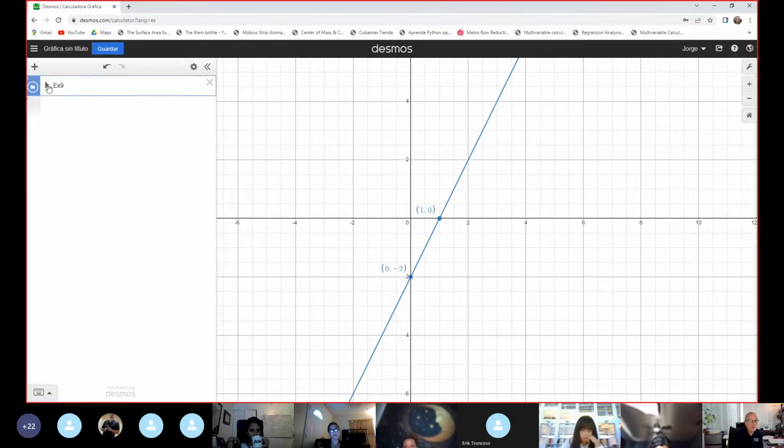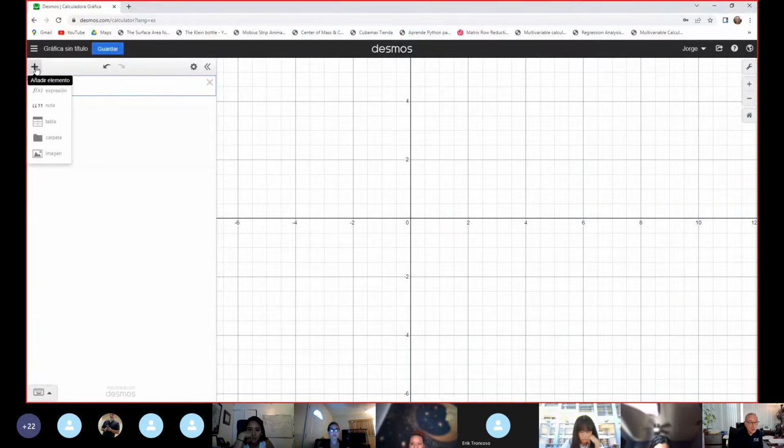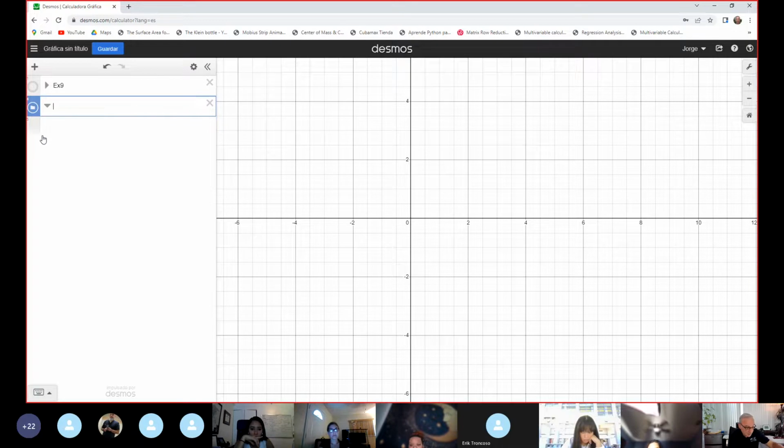And I can expand or condense it into only one. You can enable or disable it, because in the next problem I want to create another folder, example, let me see, number 10.